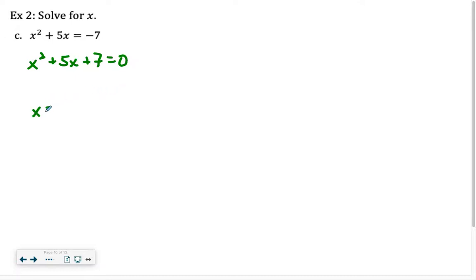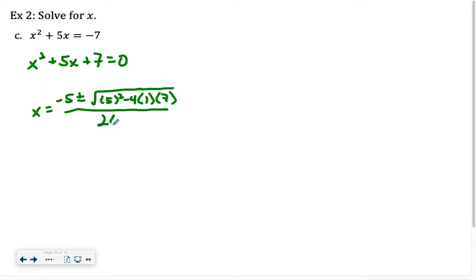and then I'm just plugging these into the opposite of b plus or minus the square root of b squared minus 4 times a times c. Okay, so remember the coefficient here is a, coefficient here is b, constant is c.